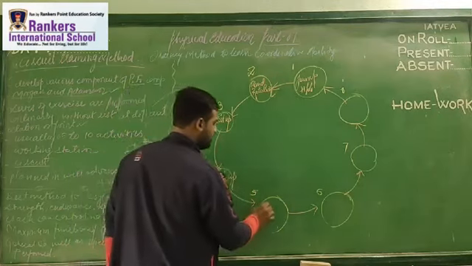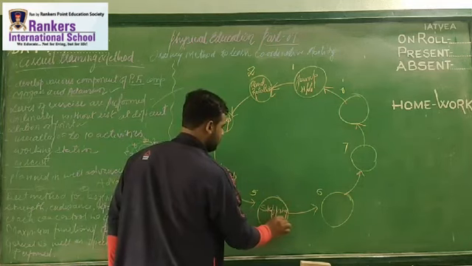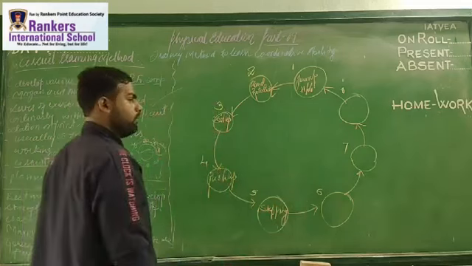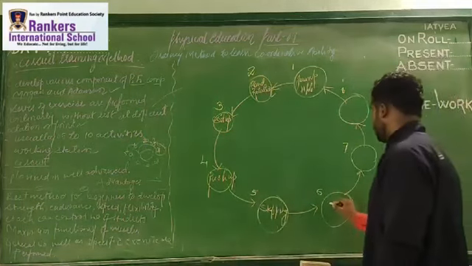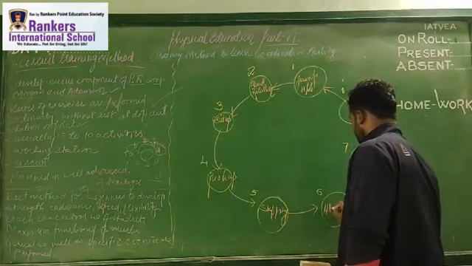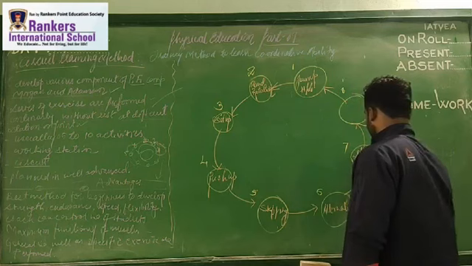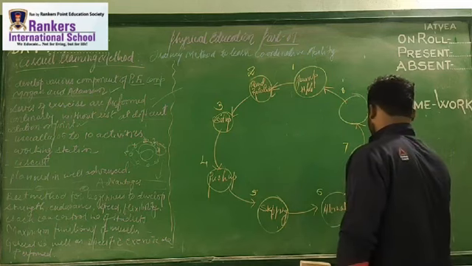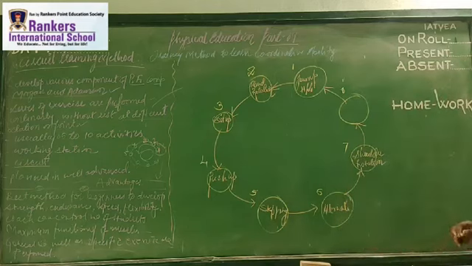Next is skipping. After skipping, the next thing we can take is alternate toe touch, then shoulder rotation. After shoulder rotation, what else?